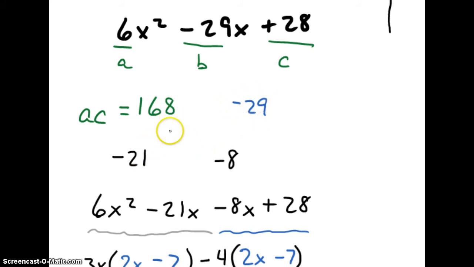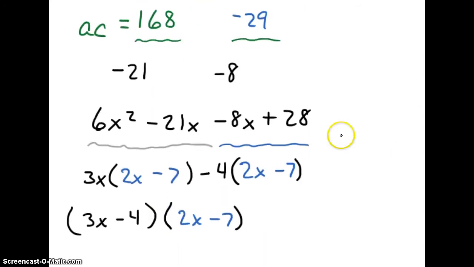When I combine those, I get what I'm supposed to. When I find the two numbers that I'm hunting for, if I multiply those, I get 168. If I add them, I get negative 29. That will end up giving me something that factors.